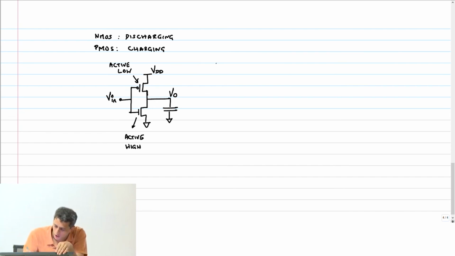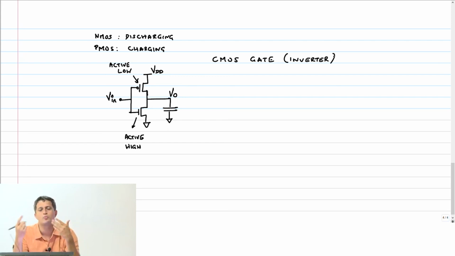So this is called a CMOS gate, right? And of course this is an inverter. Why CMOS? It is complementary MOS. You have NMOS and PMOS gates. Okay, so you will see in your tutorial that there are few other combinations which are not robust inverting gates, but they are also inverters in some sense.